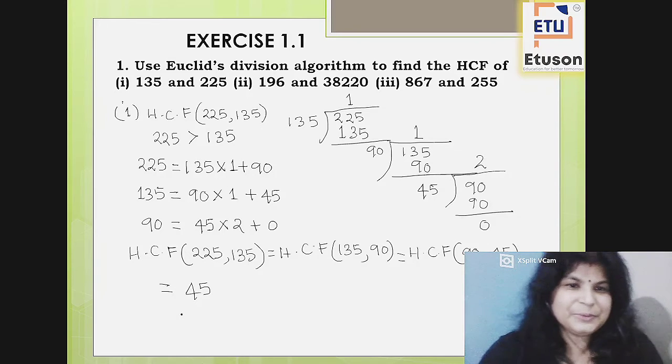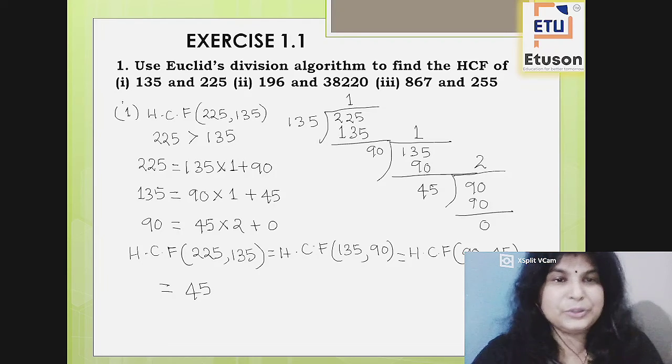Correct. So this is how you will find the HCF of these two numbers.